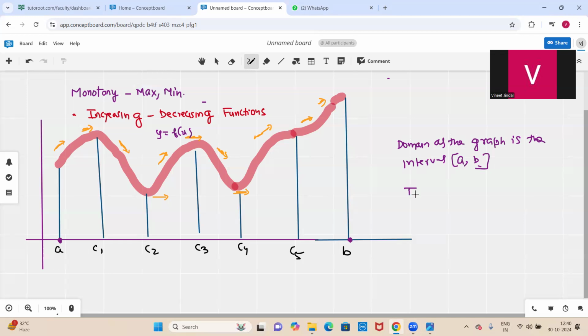The points x is equal to A and x is equal to B are called endpoints.